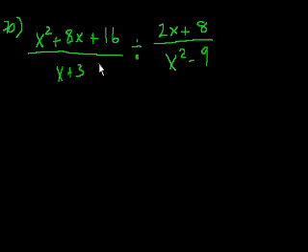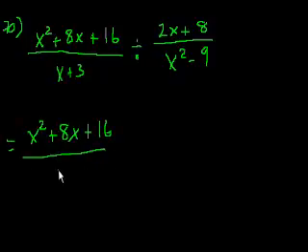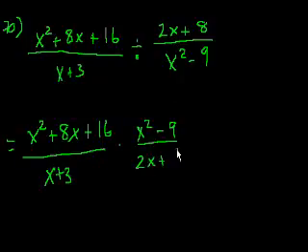So the first thing you do, when you divide by a fraction, that's the same thing as multiplying by its inverse. So this is equal to x squared plus 8x plus 16 over x plus 3 times the inverse of this, x squared minus 9 over 2x plus 8.